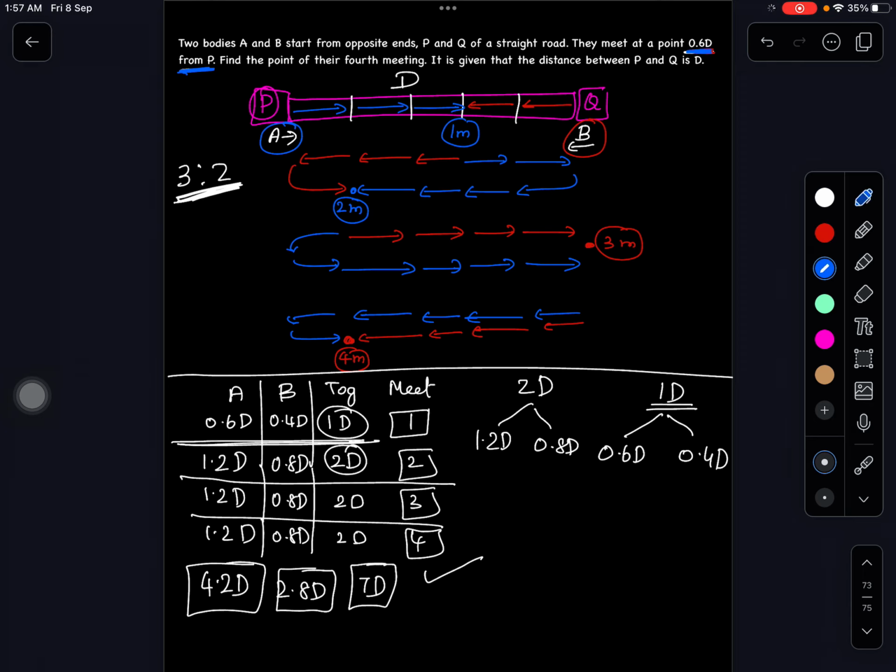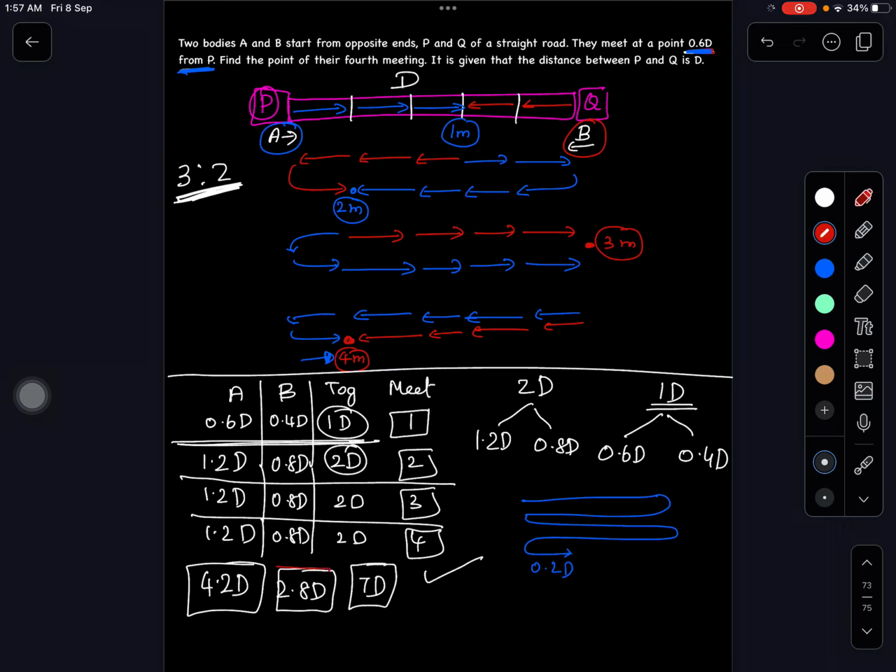So A would have covered 1, 2, 3, 4, and from here 0.2. So 4 entire distances plus 0.2, which is what we found here also. The fourth meeting point happens at 1/5 distance from P, or 0.2d distance from P.